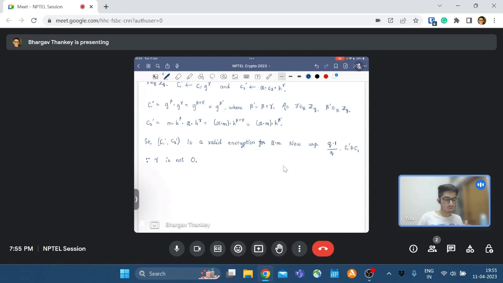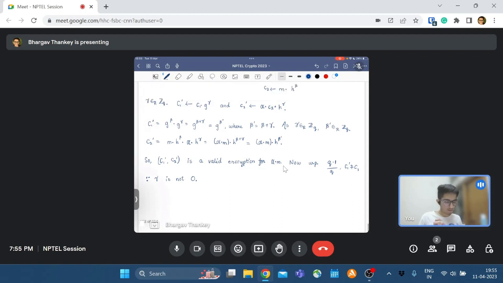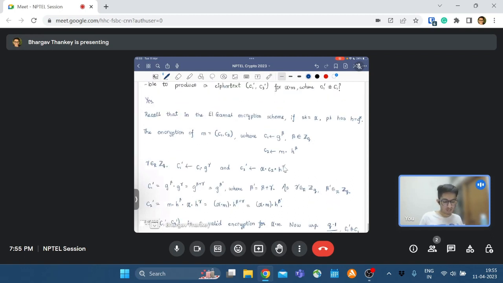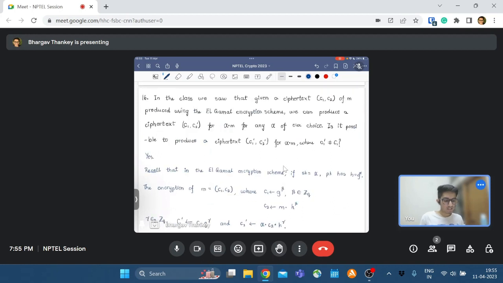So with probability q minus 1 over q, gamma won't be 0, and in that case C1 prime and C1 would be different. So with probability q minus 1 over q, we would have created a valid ciphertext for alpha times m which satisfies this condition. So yes, this is possible to do.